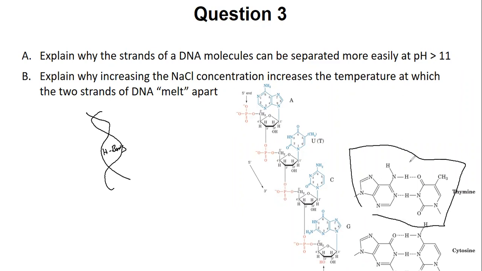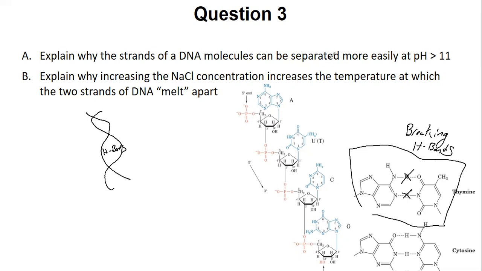When you get to high pHs, that means you're going to start losing protons. And for DNA, when you're losing protons, you're breaking hydrogen bonds. And if you don't have any hydrogen bonds, there's no reason for DNA to stay together, because they only stay together because they're hydrogen bonding.